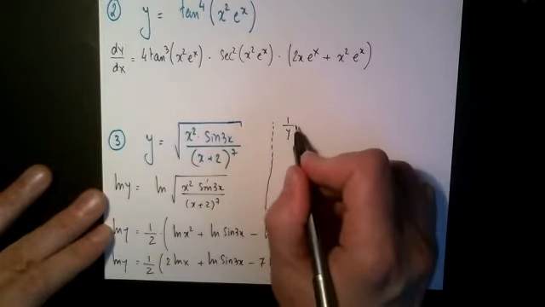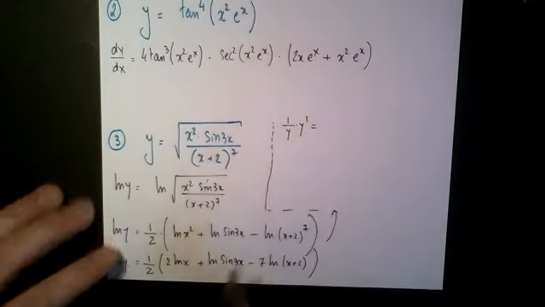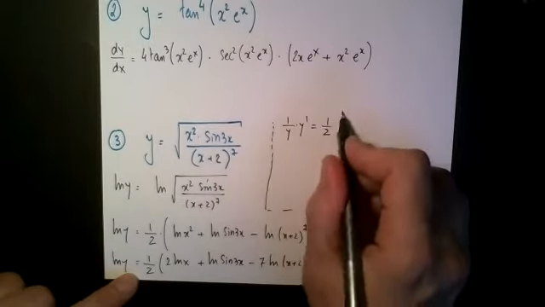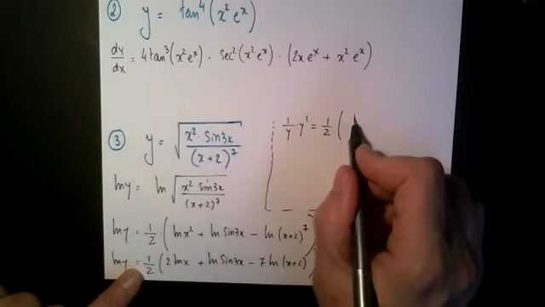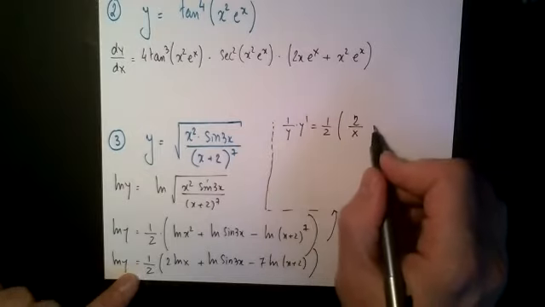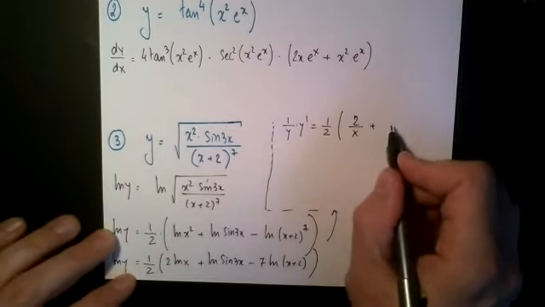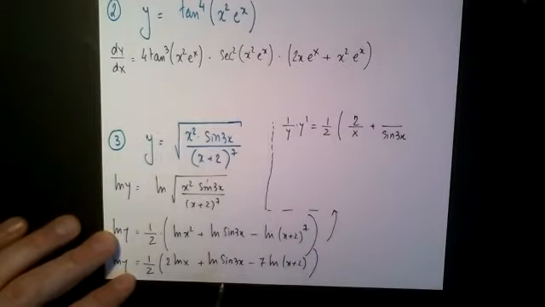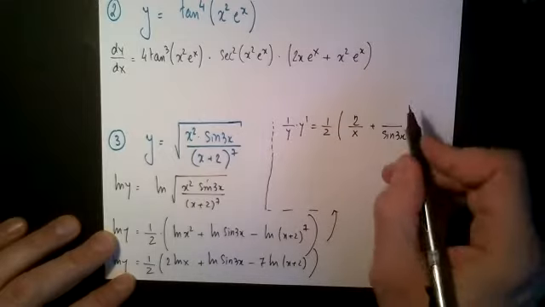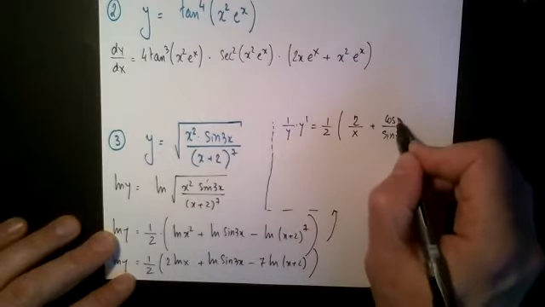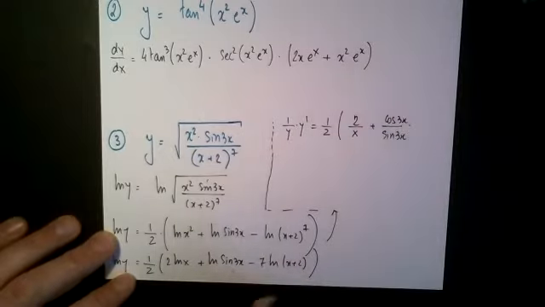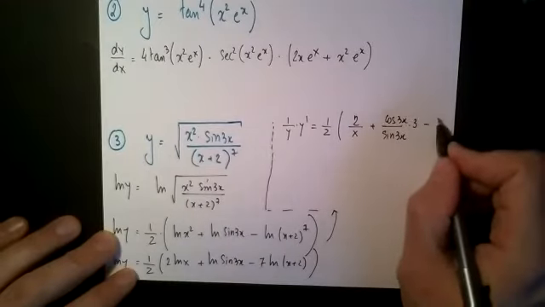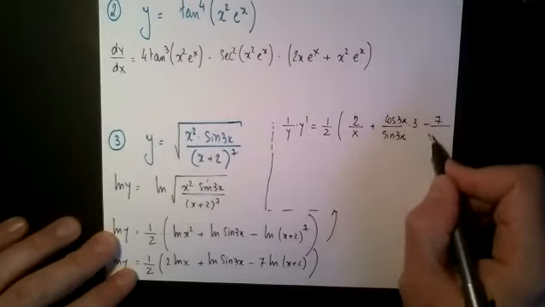So 1 over y times y prime equals 1/2 times 2 over x plus, so 1 over sine 3x times the derivative of sine 3x, which is cos 3x, times the derivative of 3x, which is 3, and then minus 7 over x plus 2.